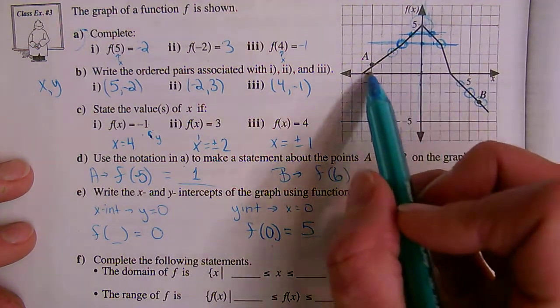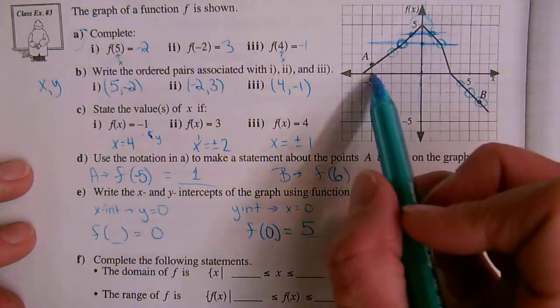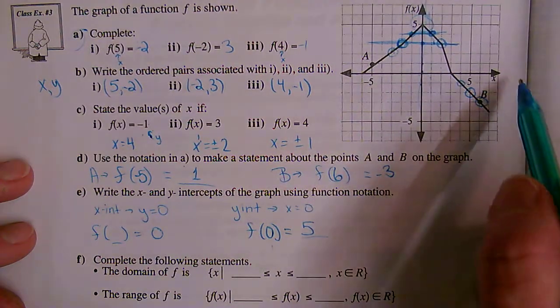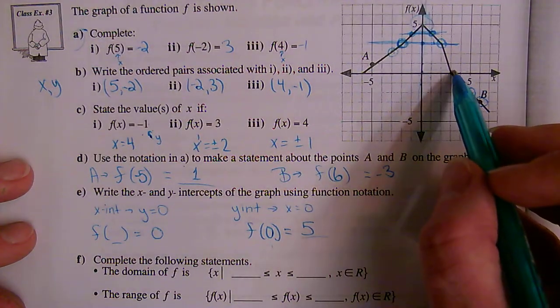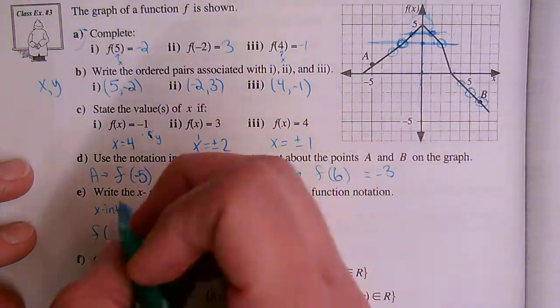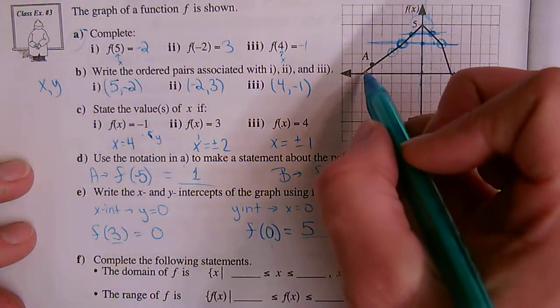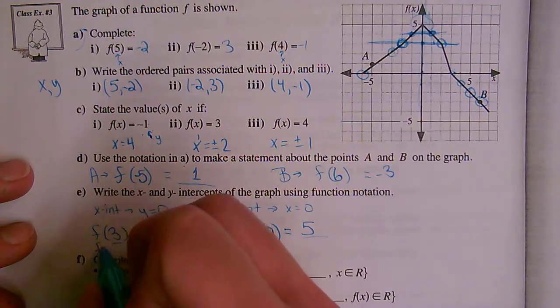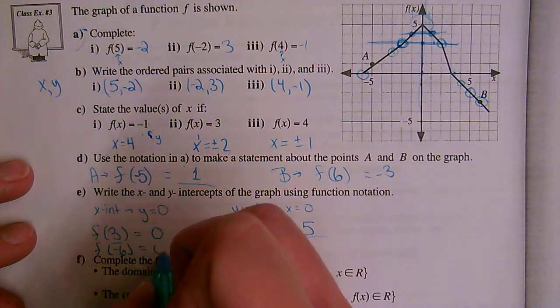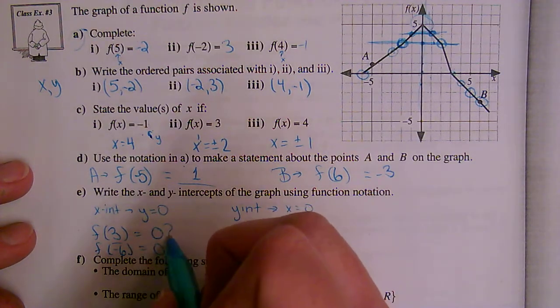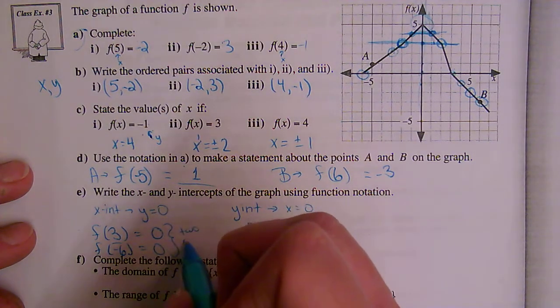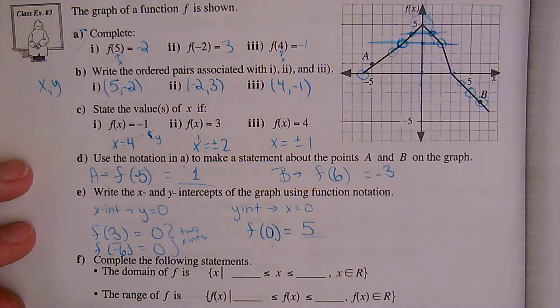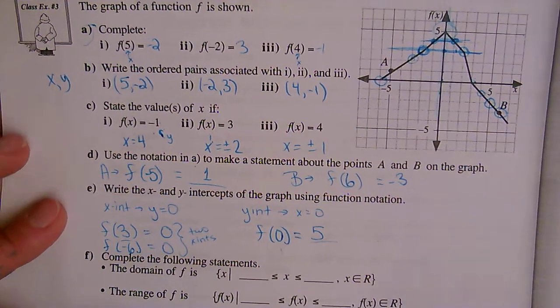My x-intercept is when y is equal to 0, and my y is equal to 0 at 3 and -6. So this one actually has two x-intercepts, which is fine.